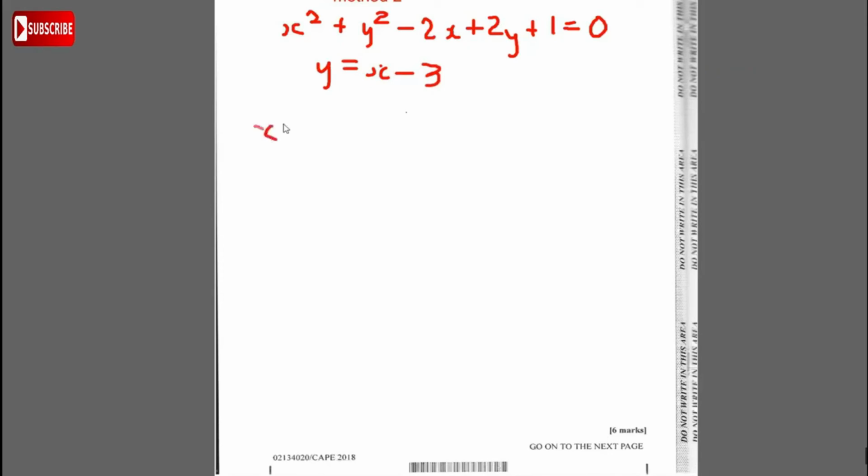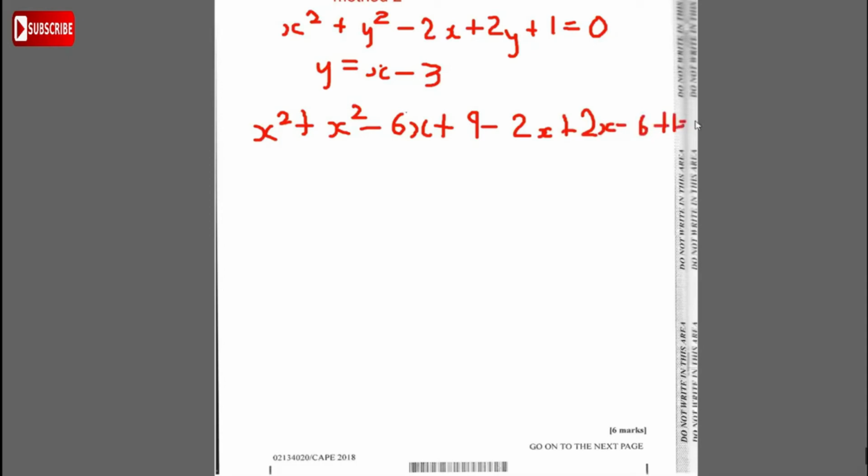And so you're going to get x². Substituting y as x - 3, this will become plus first term squared, which is x², minus twice the product, which is -6x, plus second term squared, which is +9, minus 2x, and then 2 times y will be 2x - 6, so it will be plus 2x minus 6, then you have plus 1, and that's equal to 0.